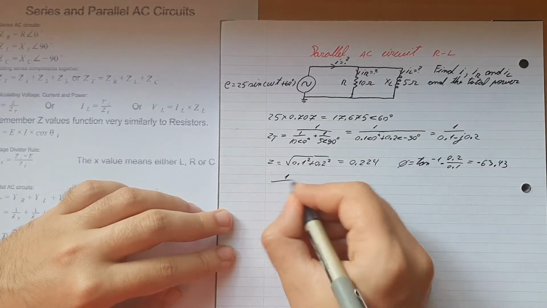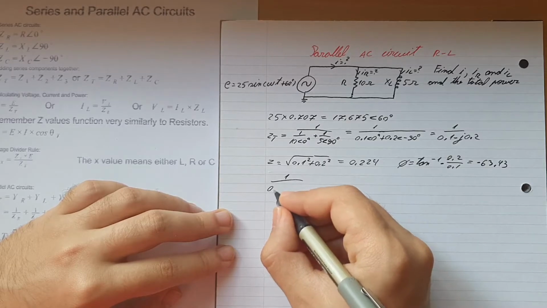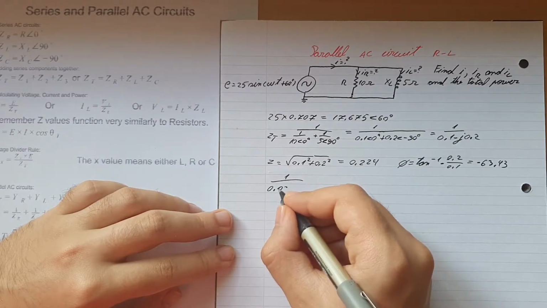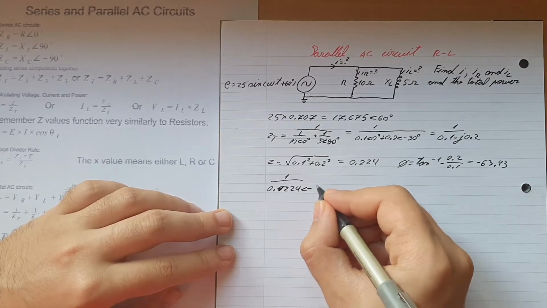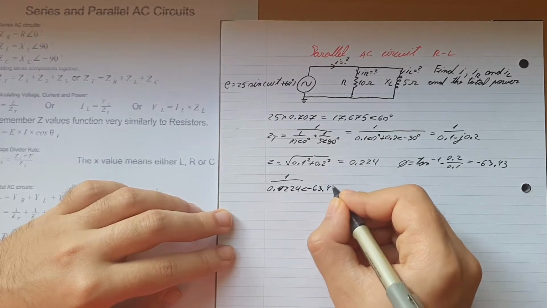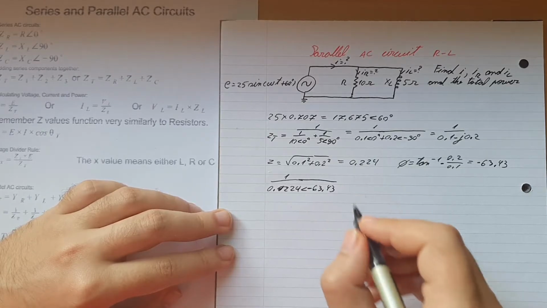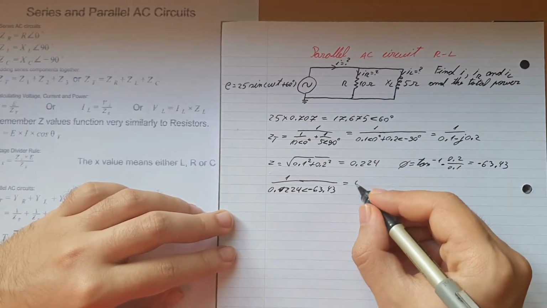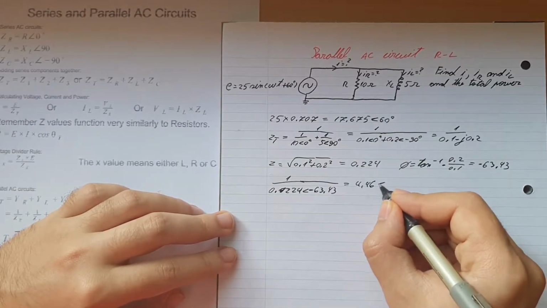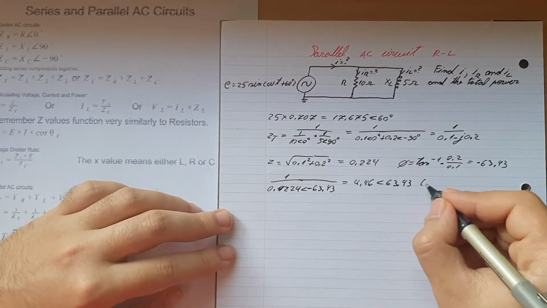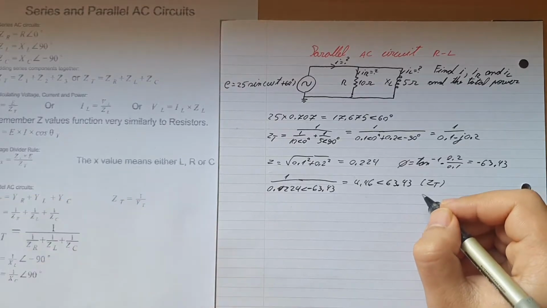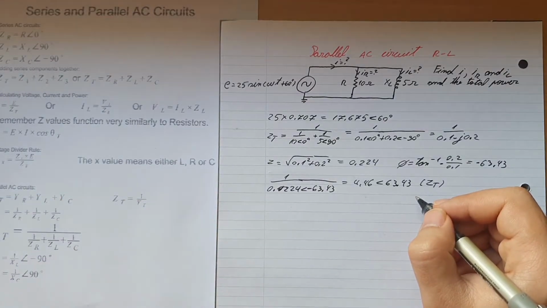Alright, now we do 1 over 0.224 at an angle of minus 63.43, and then the sign reverses, that will be 4.46 at an angle of 63.43, and this is the value for ZT.